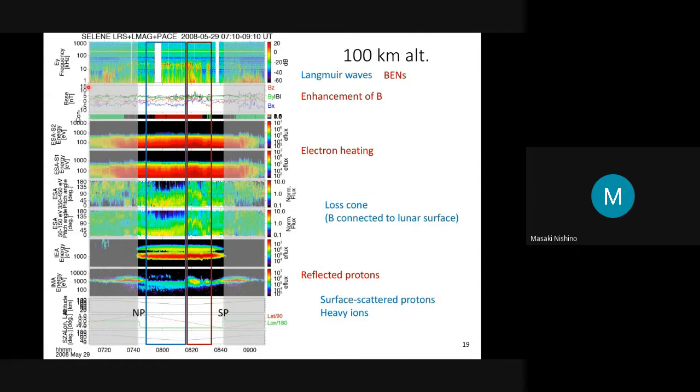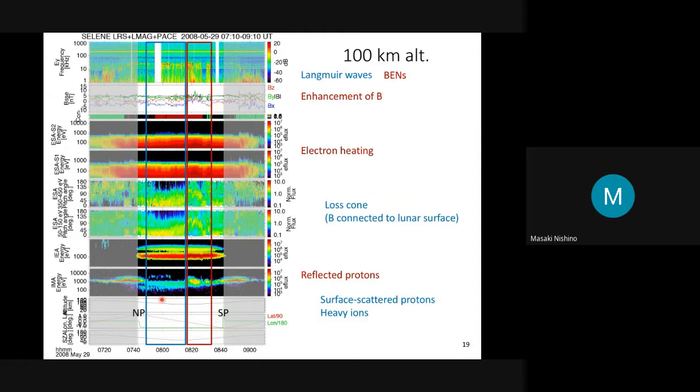From the top, electric field frequency, the magnetic field, the connection to the lunar surface, and electron energy time spectrograms from 2 electron sensors. These 2 panels are pitch angle distributions of electrons, and then the solar wind ions, which are protons and alpha particles.